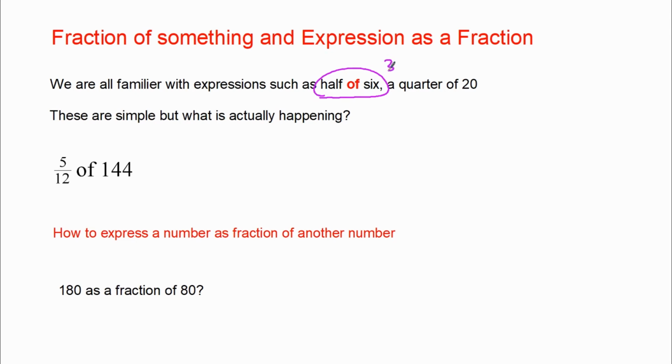But how does that translate to a mathematical form? So half of 6 is 1/2 of 6. And if you look at it, it's basically equal to half times 6. Because we can give this 6 over 1, and the answer would be 6/2, which is 3.